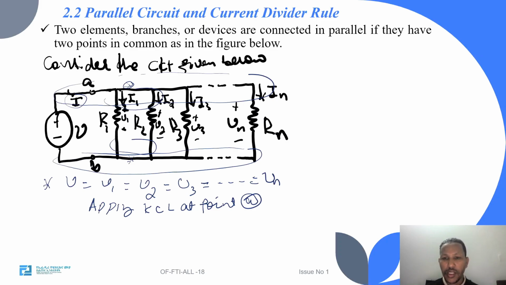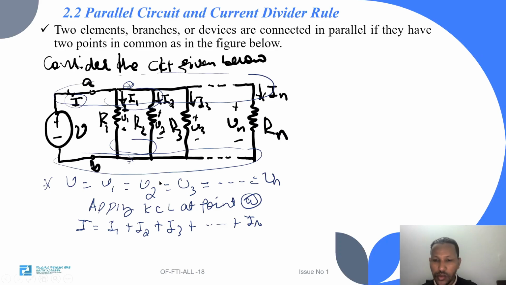Like that, the total current will be divided among the parallel connected resistors. So we can write I, the total current, equals I1 plus I2 plus I3 plus In. I1 is the current passing through resistor R1, I2 through resistor R2, I3 through resistor R3, and In is the current passing through resistor Rn.